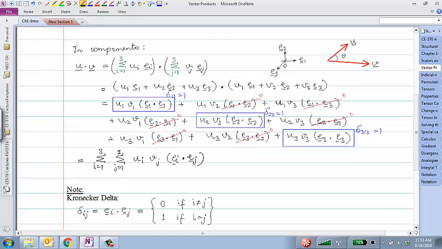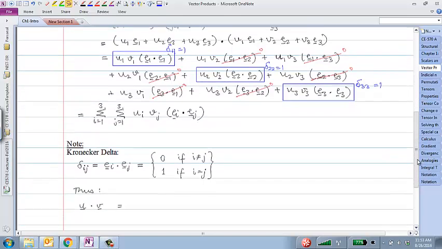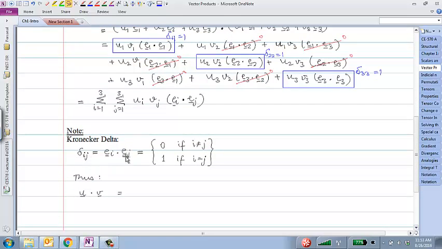Does that make sense? If you can see this expression, this has 9 terms, which are all of these 9 terms that we listed up here. For each term of i, we have 3 terms of j. So that's how we get these 9 terms. And finally, we are going to use this definition of delta ij. So I'm going to replace this with delta ij.